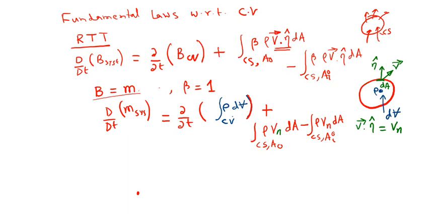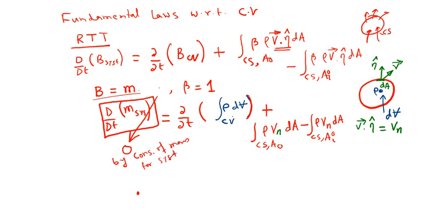Now what is the conservation of mass for the system? We know that the mass of the system is constant. So if we apply the conservation of mass for the system, then this left hand portion is equal to 0 by conservation of mass for the system.